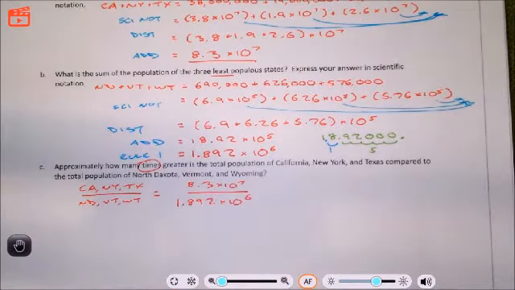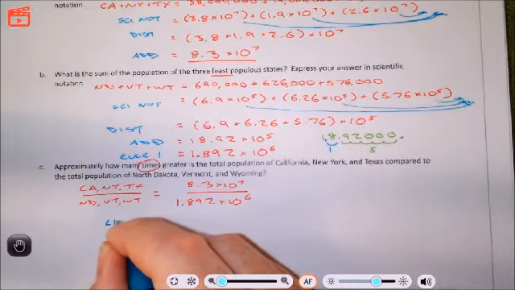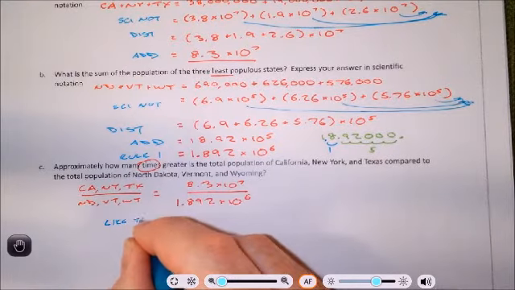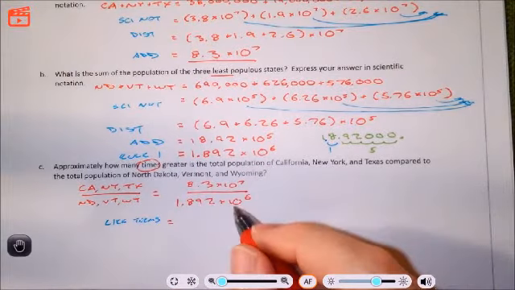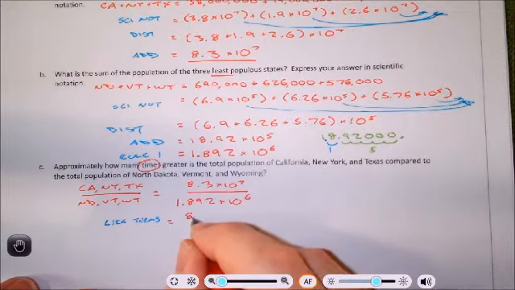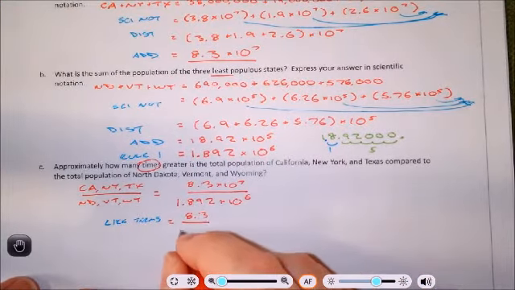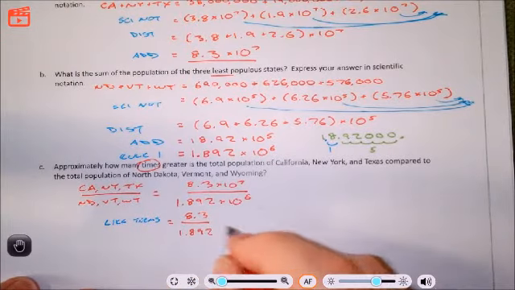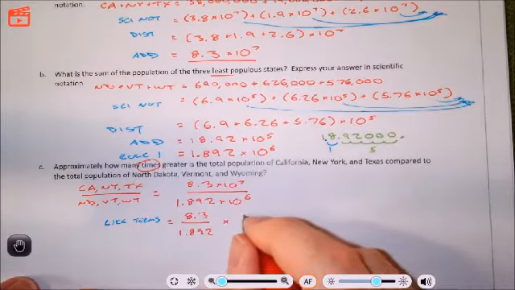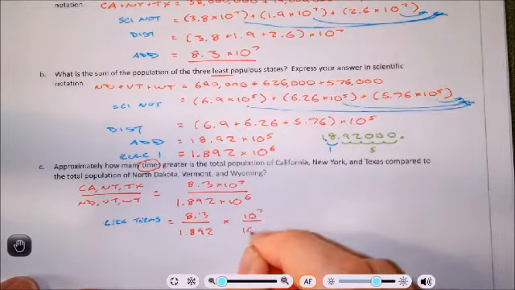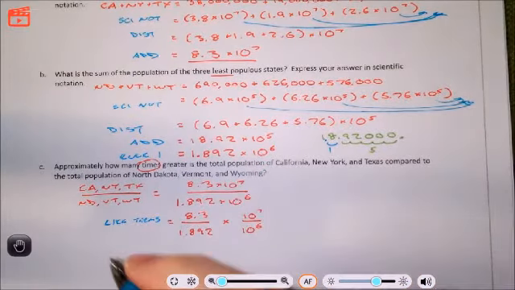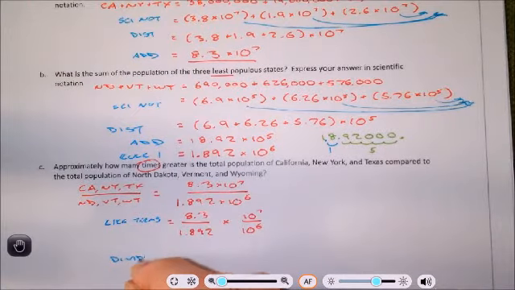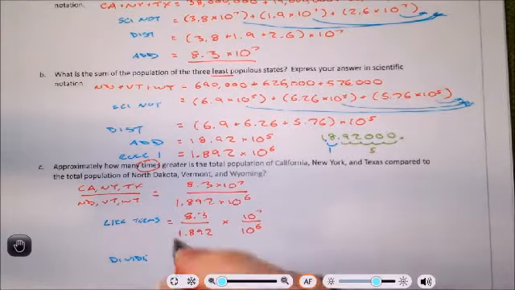What I'm going to do first is I'm going to separate my like terms. I'm going to separate this into 2 separate fractions. I'm going to do the 8.3 and the 1.892. I'm going to separate out the decimals, and I'm going to separate out the exponents. Now you're going to divide both of these separately because it's easier that way.